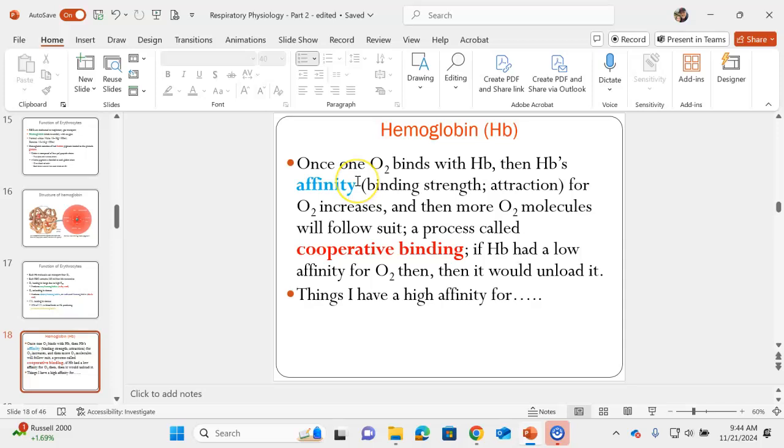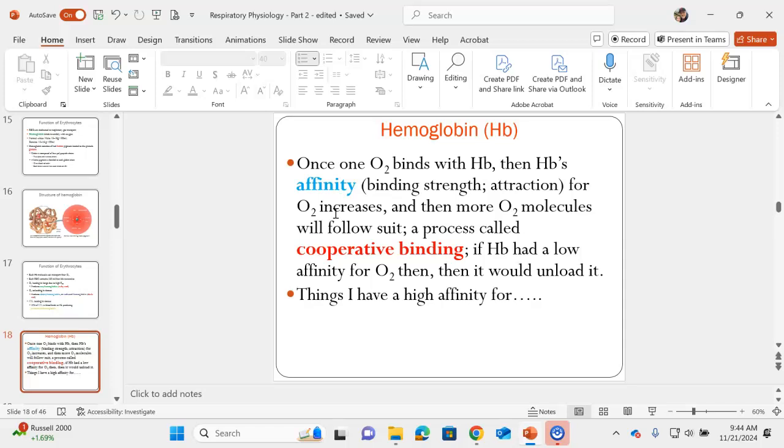All right. So the last thing I want to mention here is going to be our transition into 2B. If hemoglobin has a high affinity for oxygen, that means oxygen is going to bind to hemoglobin. Oxygen is going to load up onto hemoglobin.